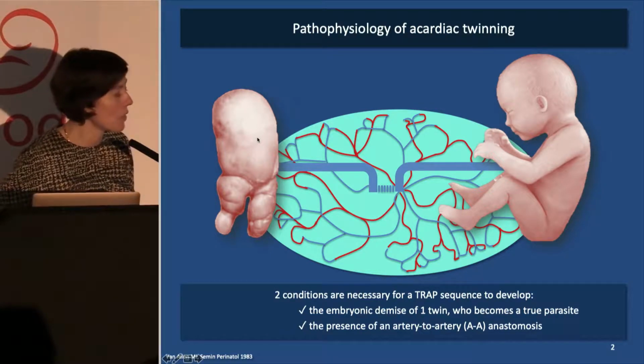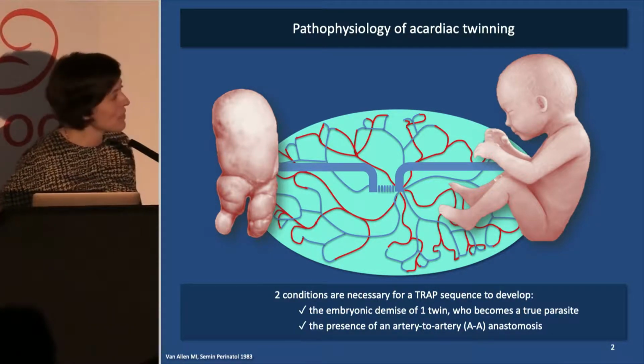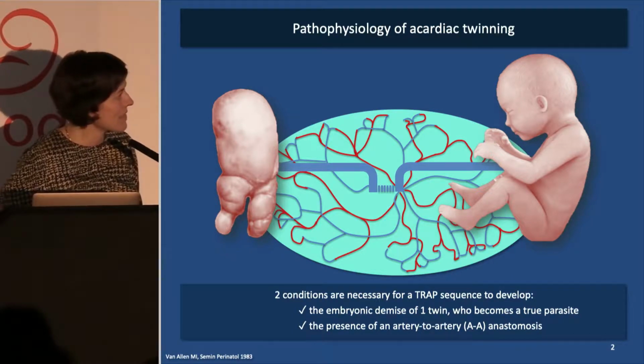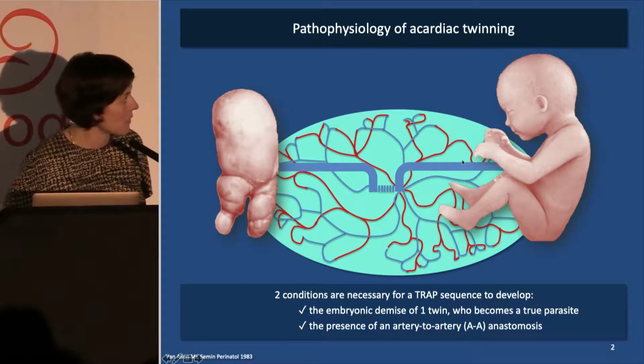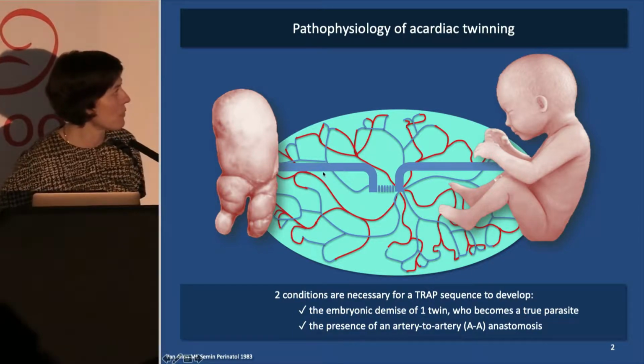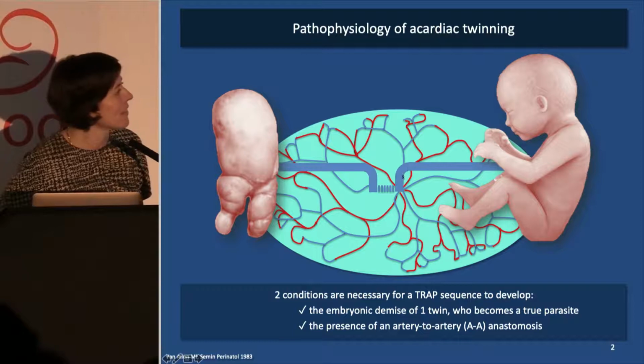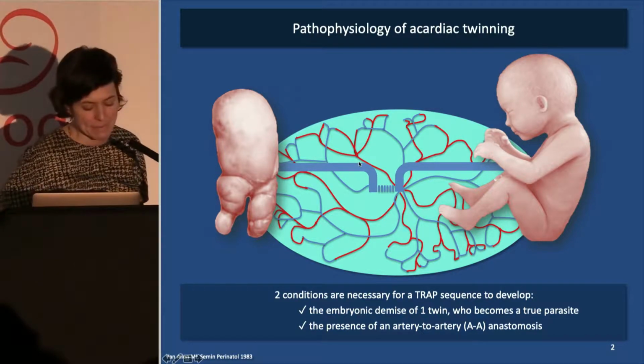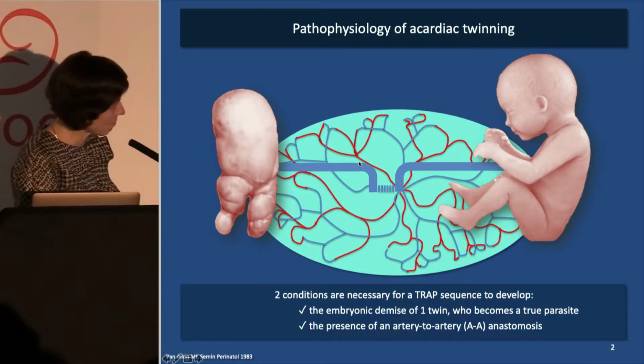But obviously, in a monochorionic setting, you have the vascular communications, and that's the other prerequisite. You need an artery-to-artery anastomosis for blood to travel from the surviving baby towards its demised co-twin.